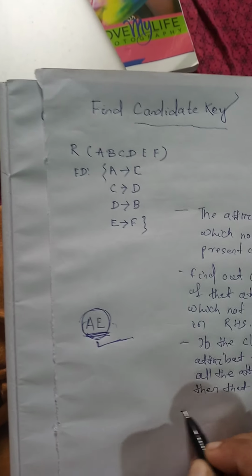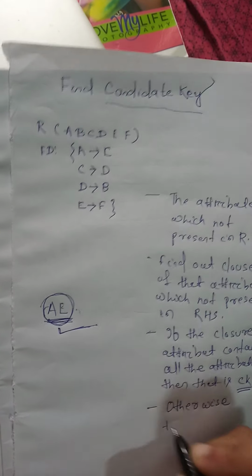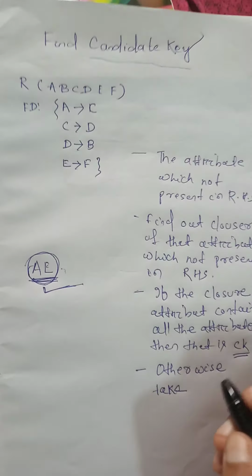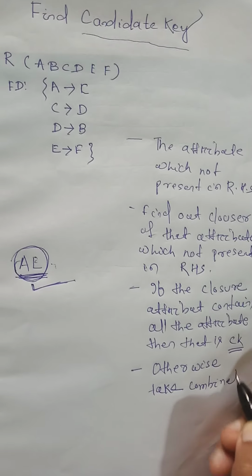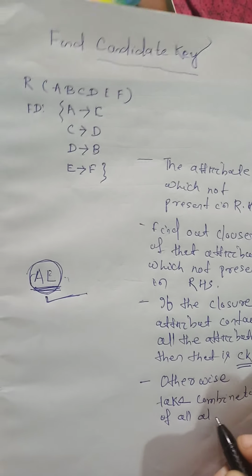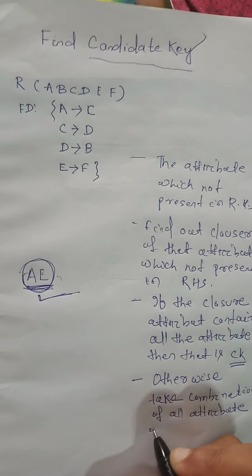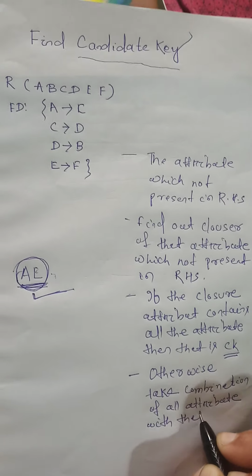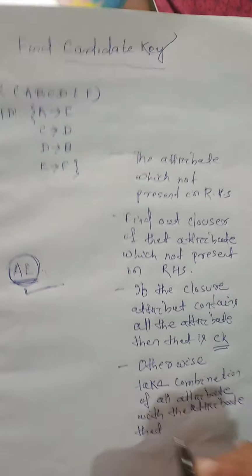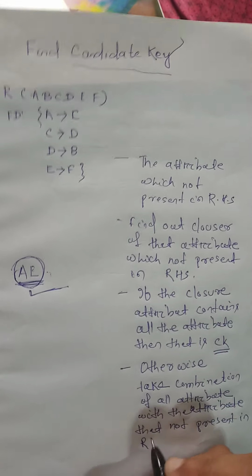Otherwise, take the combination of all attributes with the attributes that are not present in the RHS.